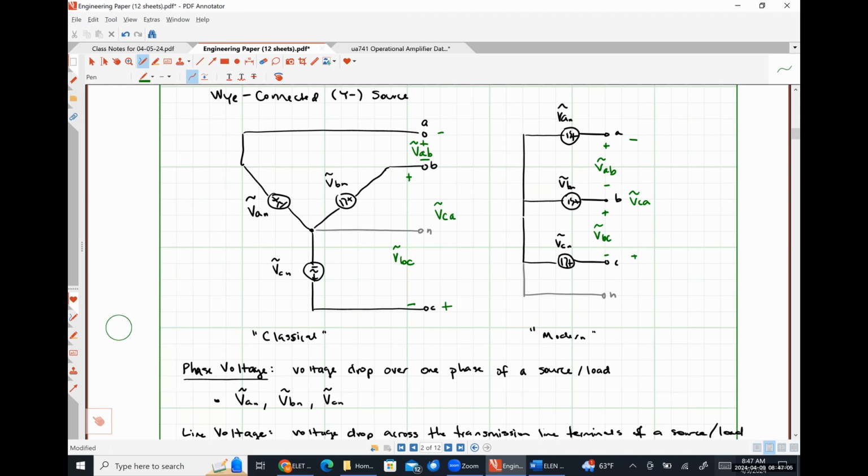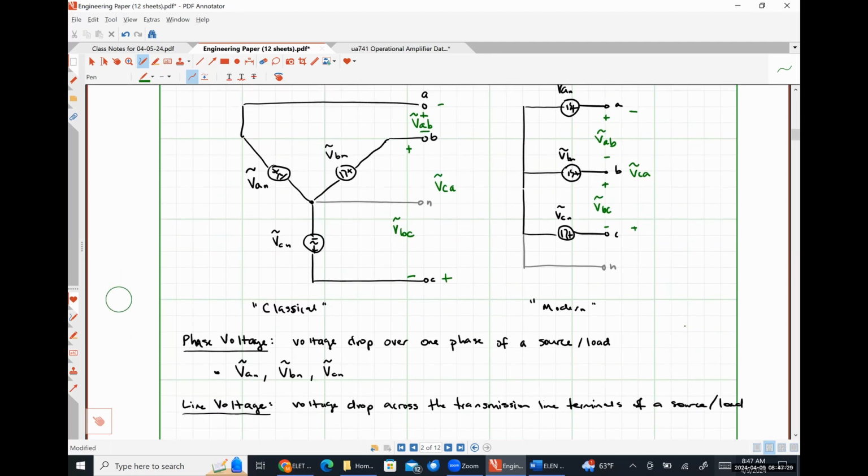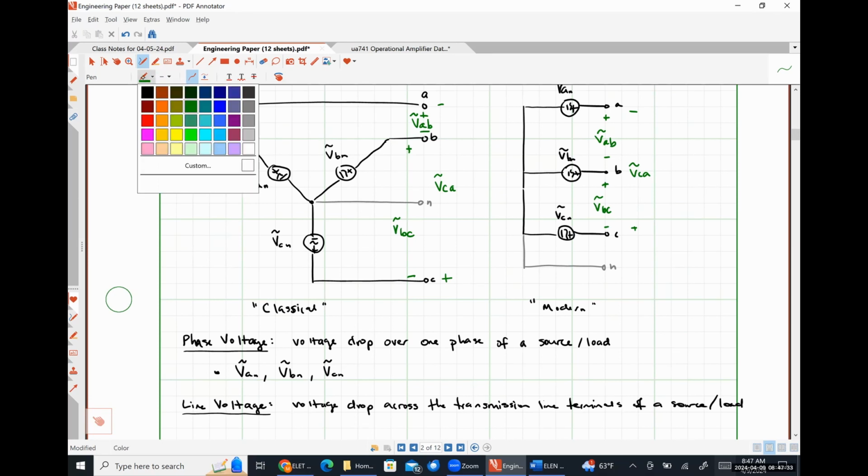and VCA. Okay, so it was asked, why did I seemingly randomly choose for the line voltage VCA to have positive polarity on bottom and negative polarity on top? The reason why I chose it in that particular way is because if we were to write a Kirchhoff's voltage law equation around, let's do this loop here.